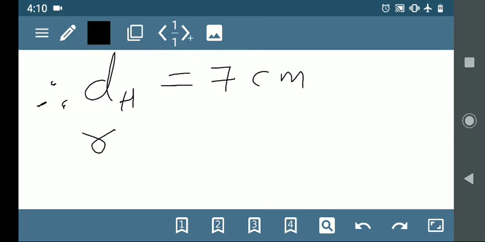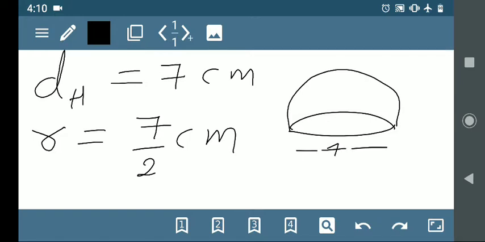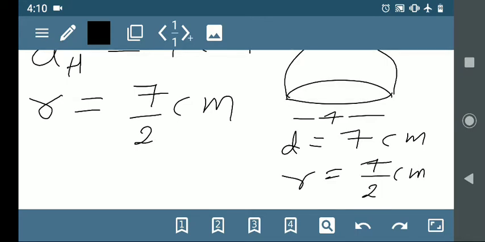Similarly, radius is also 7 divided by 2 centimeter. Right? Understanding? When the hemisphere has diameter of 7 centimeter, its radius must be half of that. So d is 7 centimeter, r is equals to d by 2, that is 7 by 2 centimeter.